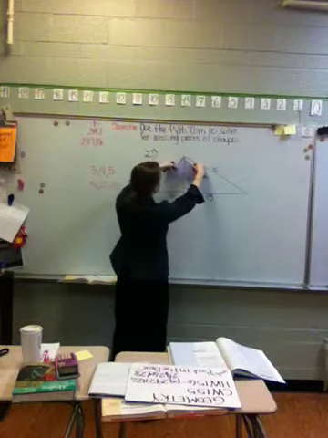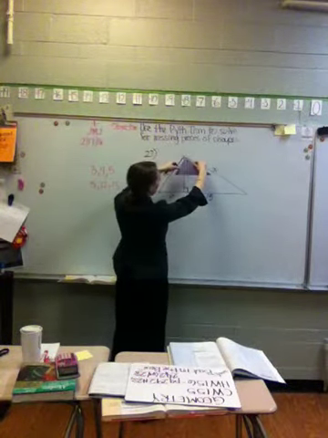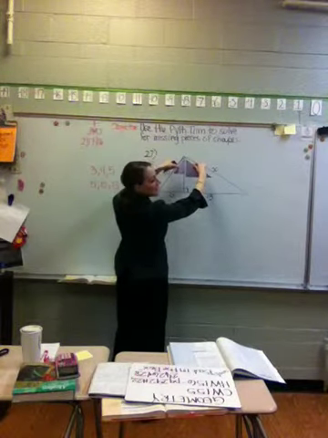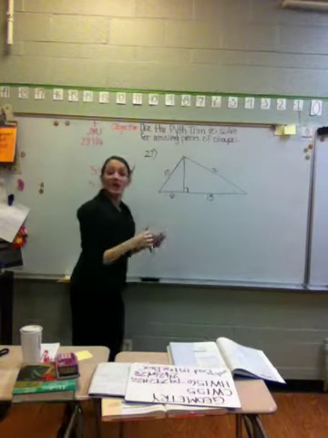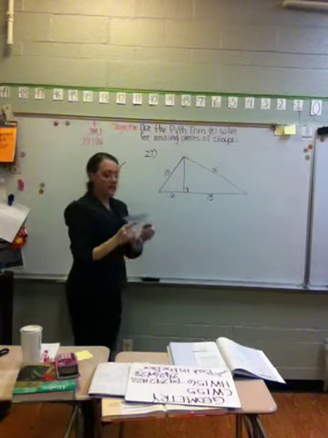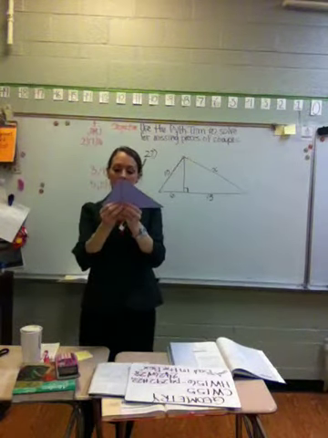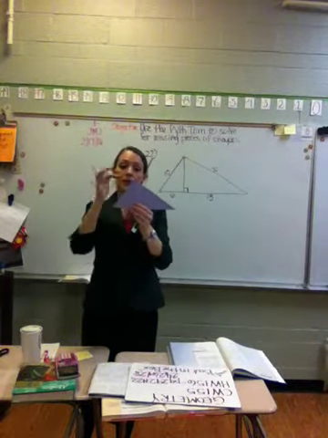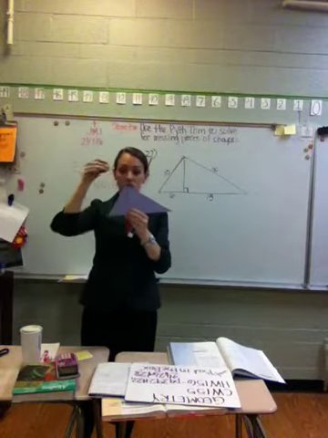We took this shape here, and we drew in the altitude, and then we cut it off. And what we said was we have this big triangle that looks like this. We cut the altitude.